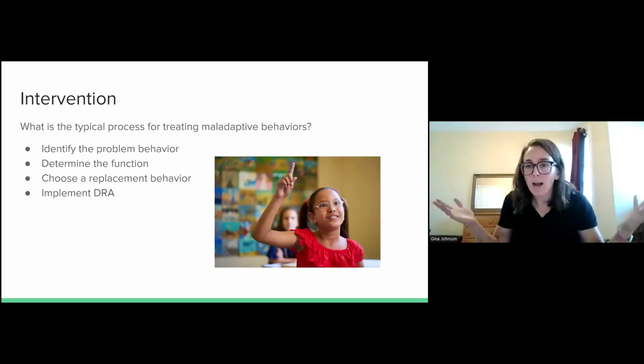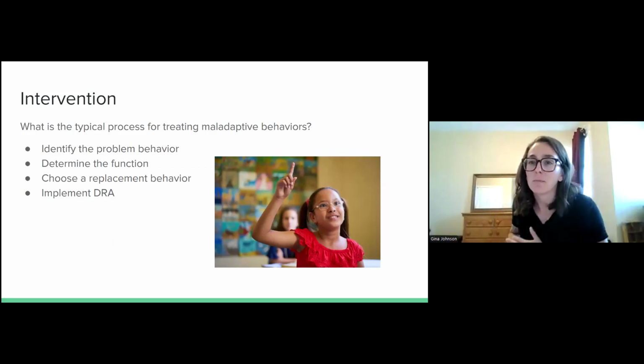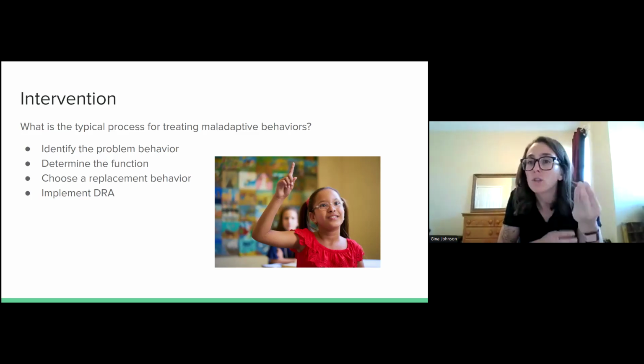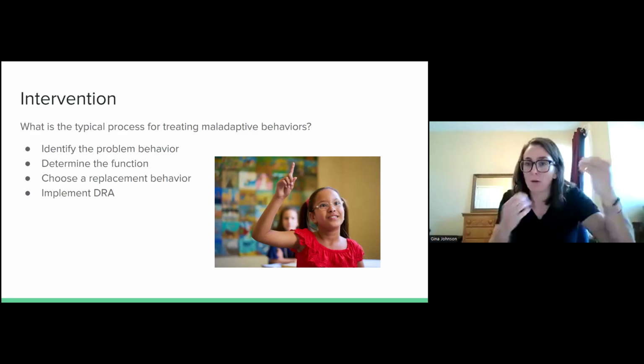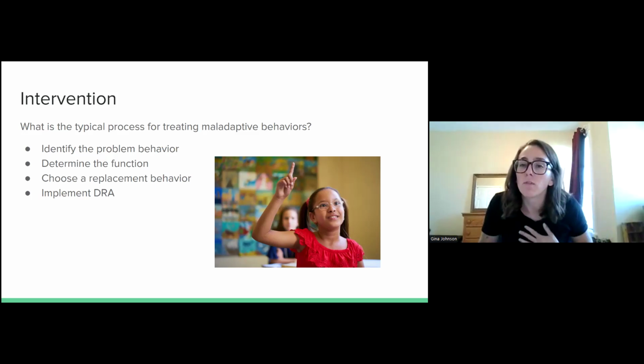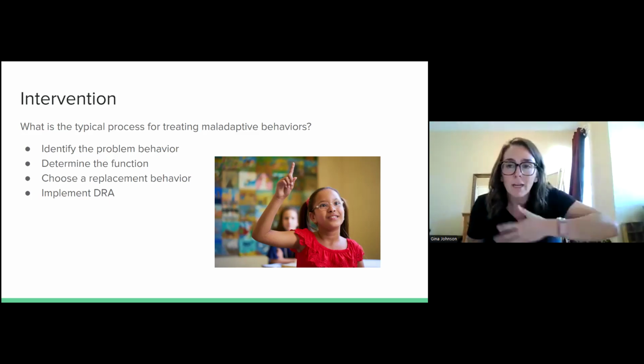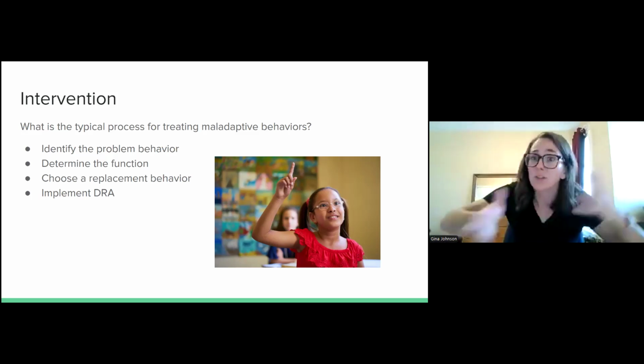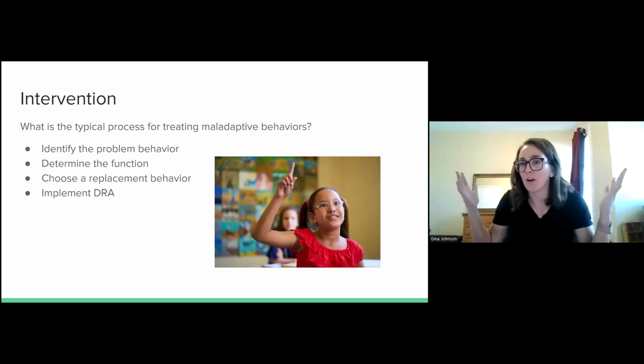And then once you have one of those three functions, attention, escape, or tangibles, you just pick a replacement behavior and you use the same reinforcer, right? The same reinforcer for a socially acceptable behavior. And you do your DRA, right? You pick your socially acceptable replacement behavior, you prompt it, you do whatever you need to do to get it to happen, and you direct the reinforcement that was already happening for the problem behavior to that new behavior, and bingo.